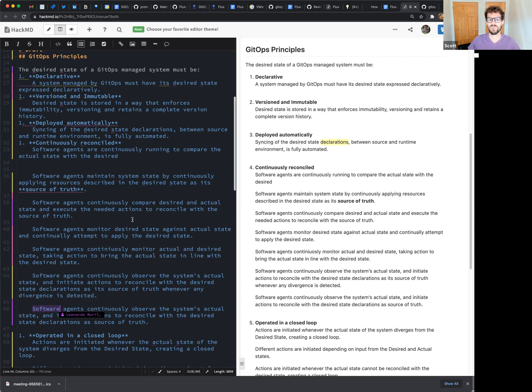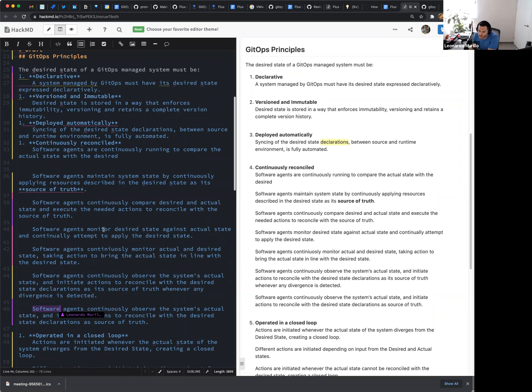Whereas principle 3 is making sure that those declarations from the source of truth are now in the hands of the agent. I mean, it's just one word. So let's keep desired state declaration.